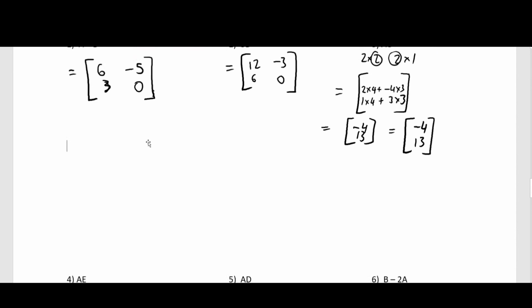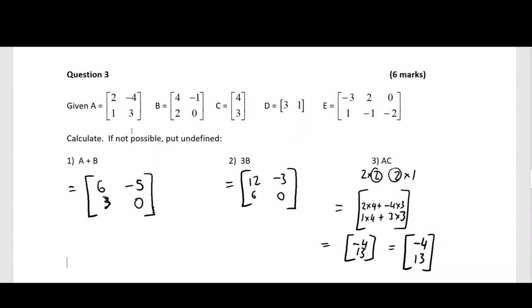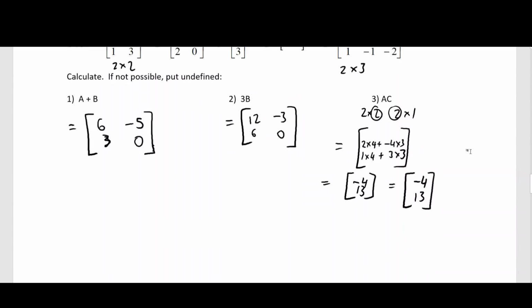Okay, next. A times E. A is a 2 by 2 matrix here. E is a 2 by 3. Okay, so it's possible to do. Let's figure it out.